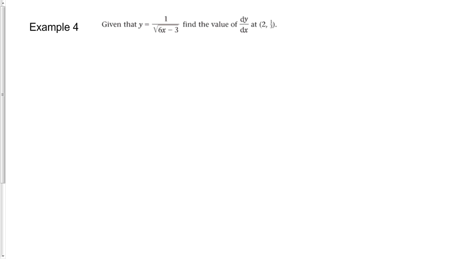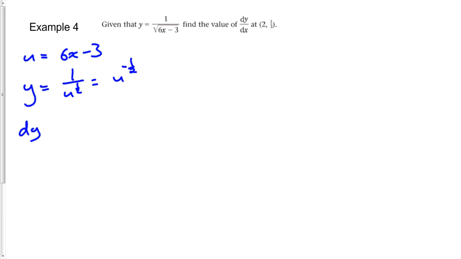But if we, again, use that method that we just used, then we can say that u equals 6x minus 3. And then we've got y equals 1 over the square root of u, so that's u to the power of a half, or u to the power of minus 1/2 if we bring it up. So if we do dy by du, we get minus 1/2 u to the power of minus 3 over 2.